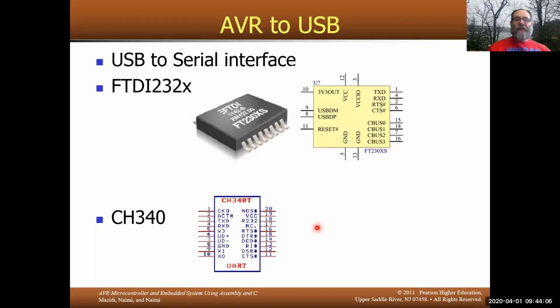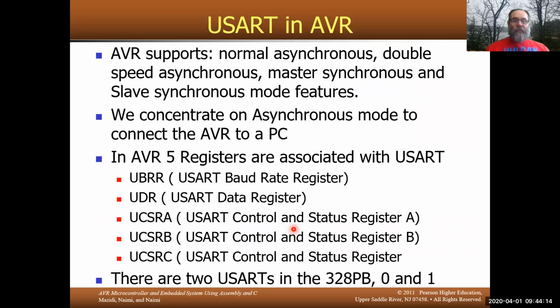So you can serially transmit characters to your computer, and we're going to write a program to do that in just a couple of minutes. All right. I think we kind of left off there. There are 5 registers. Just like with the timers, there's an A and a B, and occasionally a C control and status register. The same thing is true on the UART.